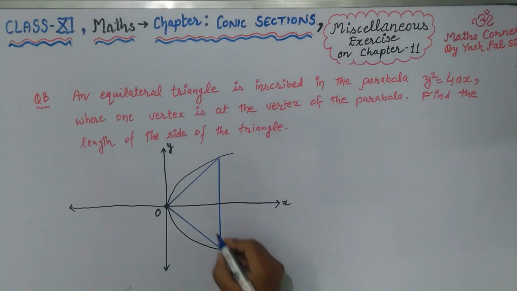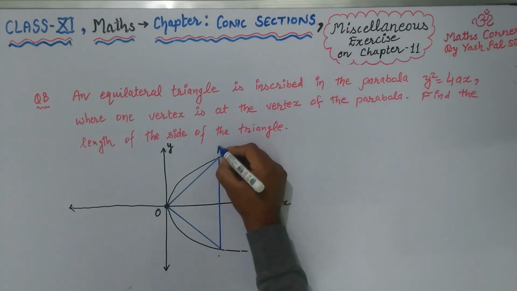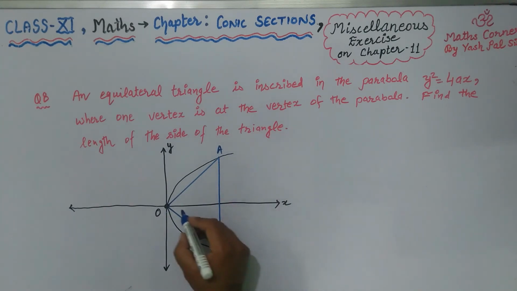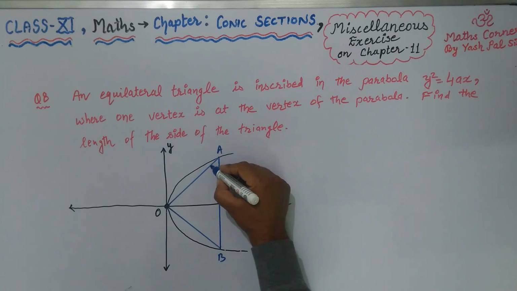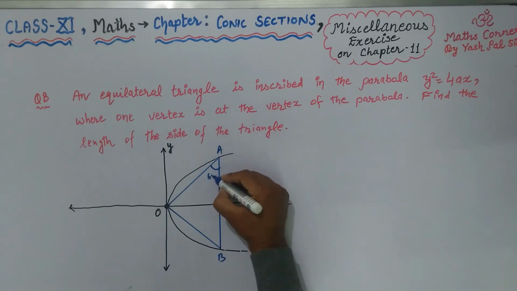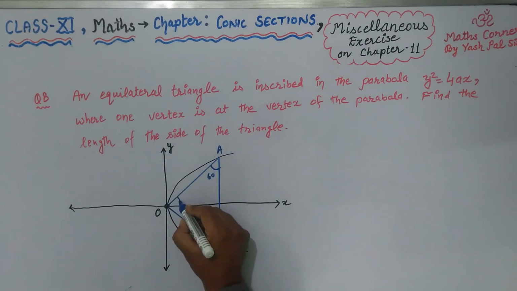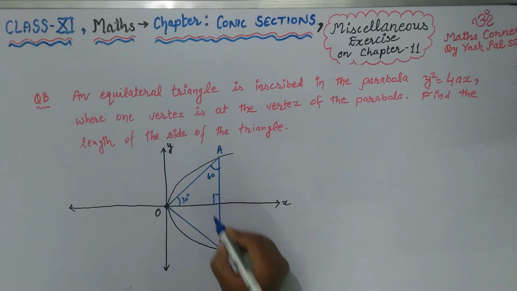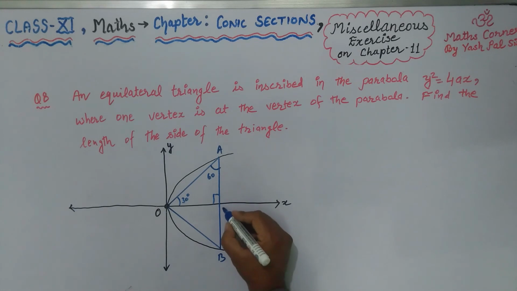Suppose this is the triangle OAB. Because the triangle is equilateral, each angle is 60 degrees. This angle is 60, so half of 60 is 30 degrees, and this is a 90-degree angle. So suppose this is point C.